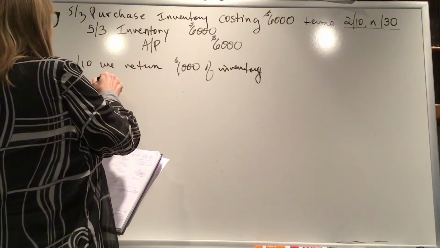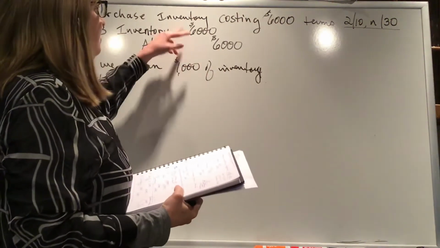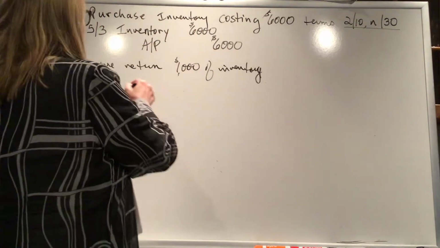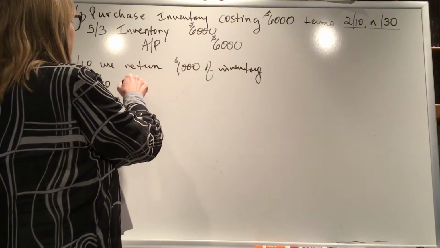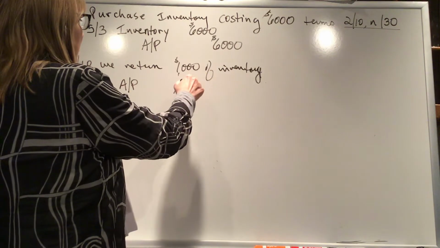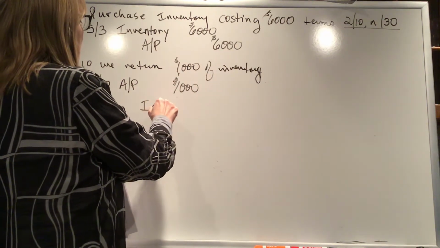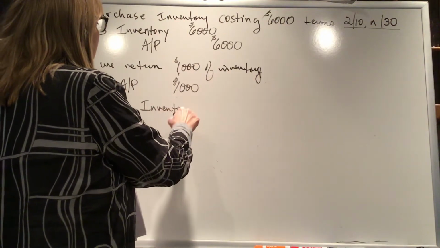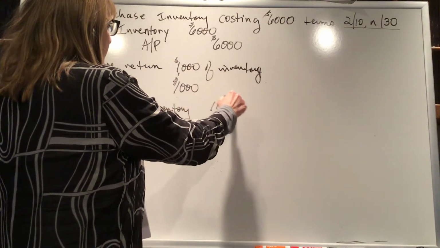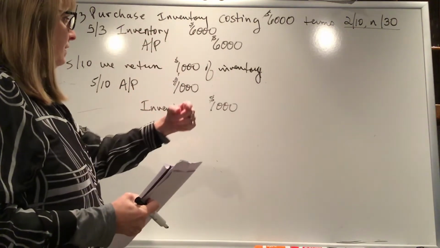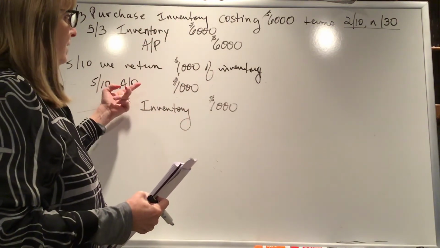So on the purchase side, this is easy. We just undo part of this entry. We're just flipping this over. So we're going to debit accounts payable because we owe less money than we did before. And we're going to credit inventory because we sent the inventory back. So we just undid this purchase. The inventory got shipped back, and we owe less money now.